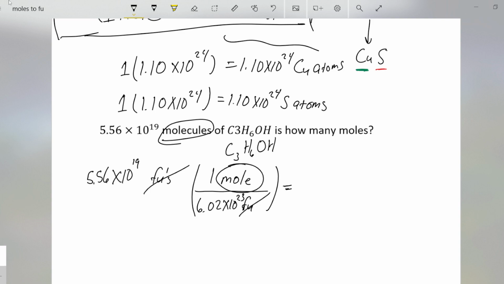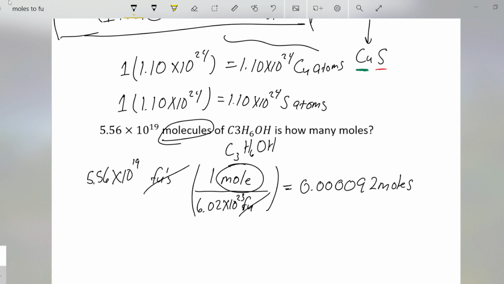All right, so if I do that, the answer I get is 0.0000092 moles. Not very many moles. All right, but let's look back to that 5.56 times 10 to the 19th molecules number.